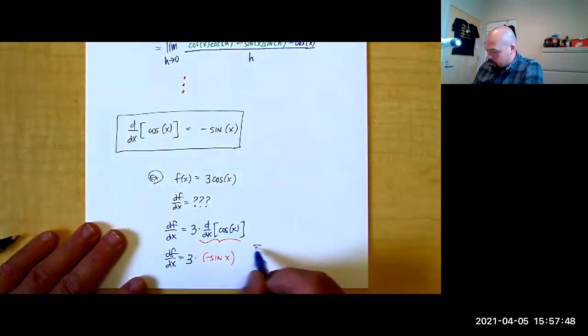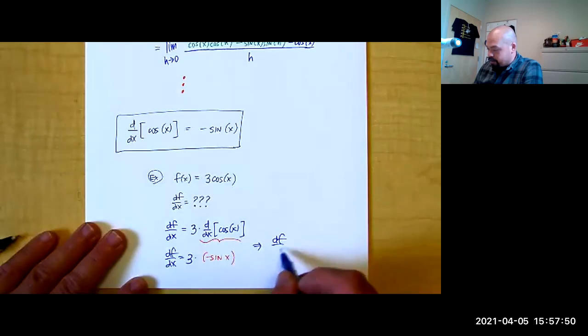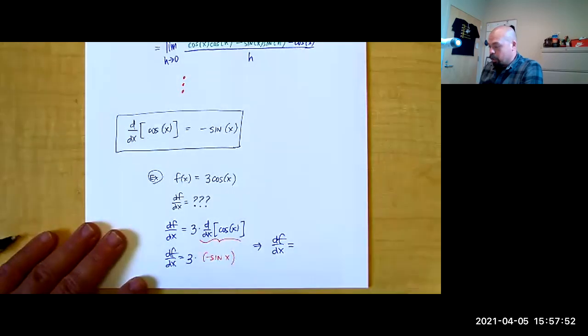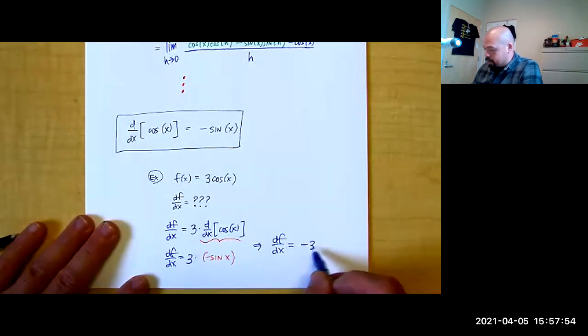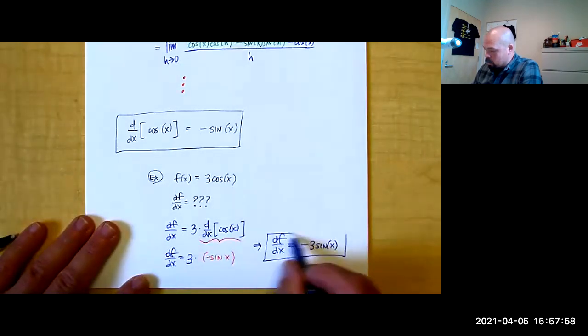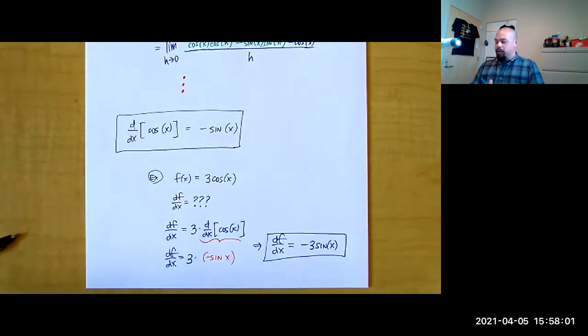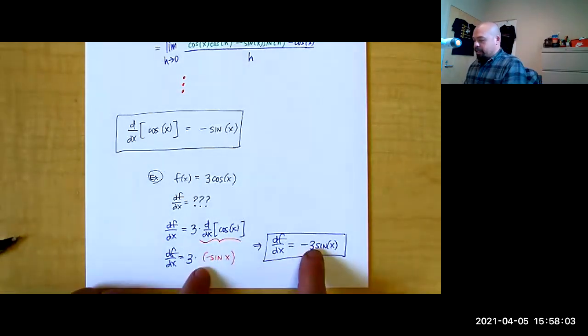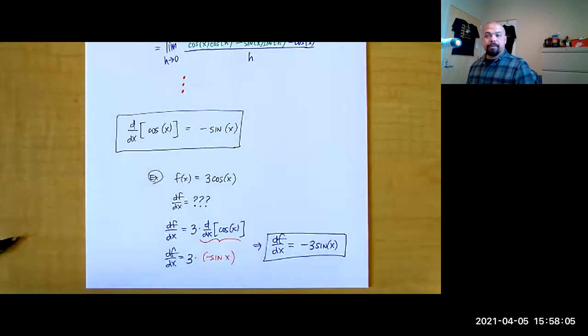So in the end, my df dx, or f prime, whatever you want to call it, is negative 3 sine of x. Okay, and again, whether you want to use these parentheses or not, it's up to you. The big thing here is that that negative starts to show up.